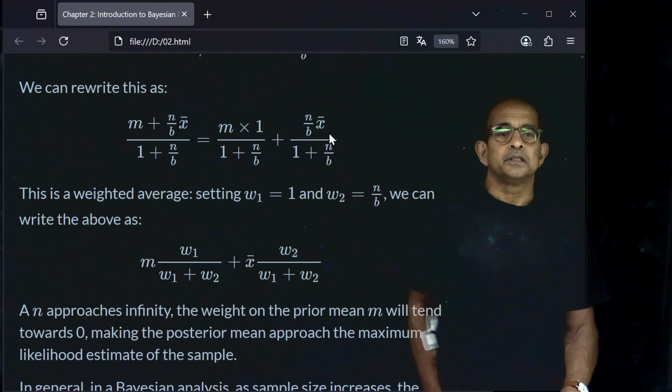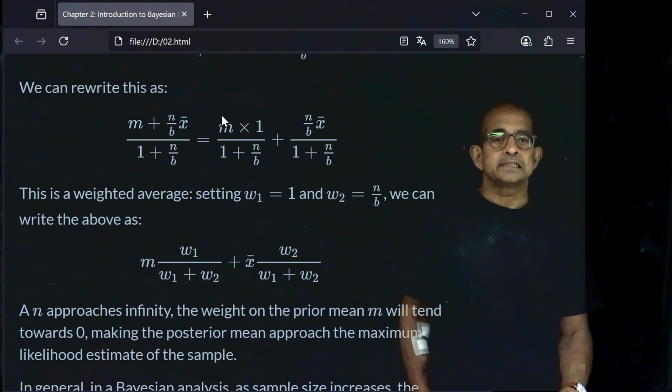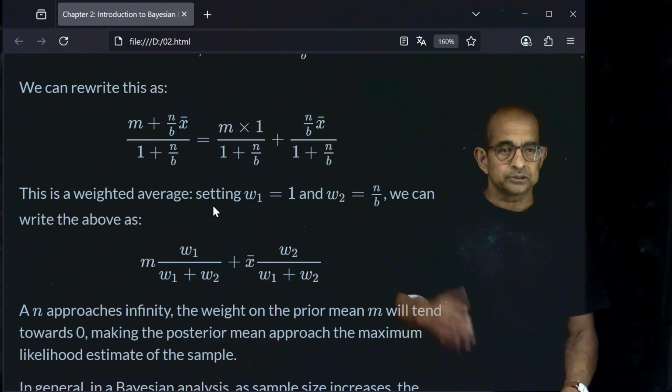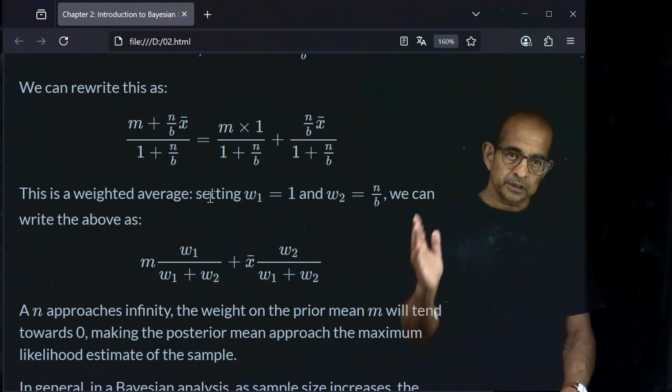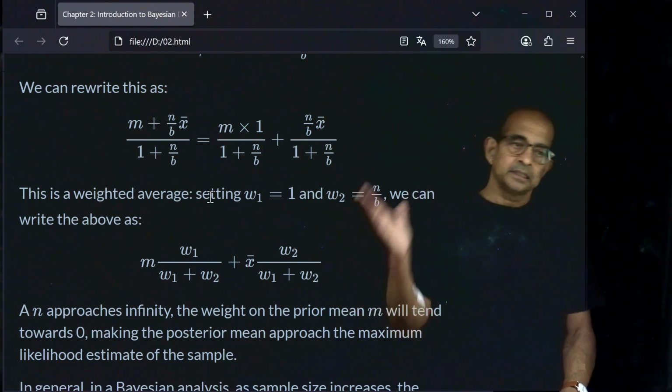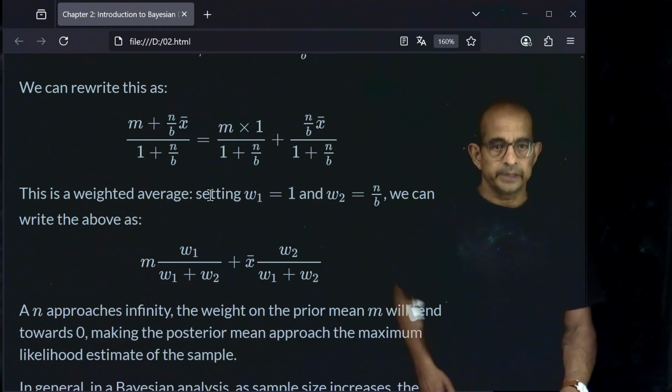Similarly, if n is very small, then the posterior mean will largely depend on the prior mean, right? So the interplay of the posterior mean with respect to the sample size is clear from this weighted mean equation here.